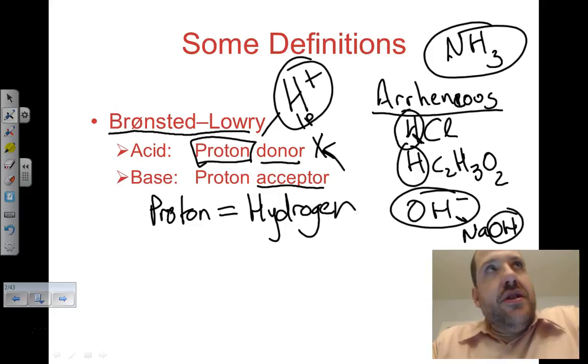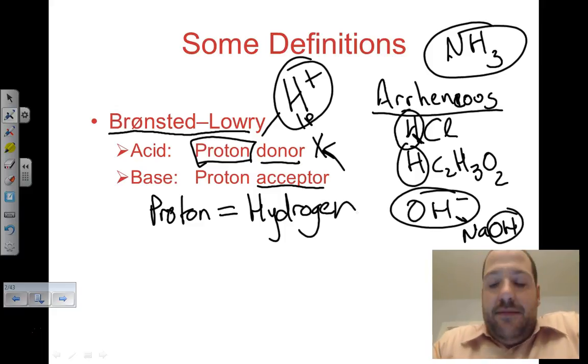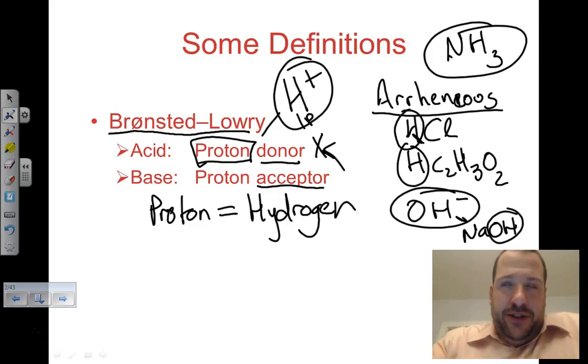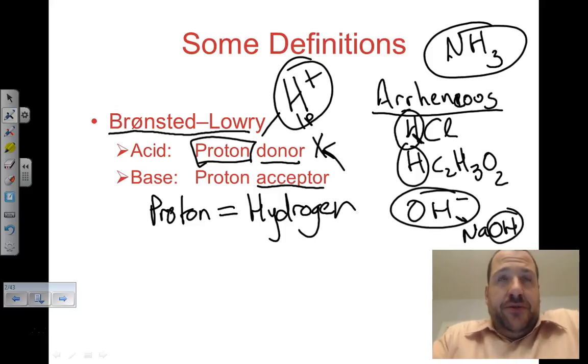Now, there is a third theory of acids and bases that's pretty common, called the Lewis theory. Yes, that Lewis, Gilbert Newton Lewis, the guy who came up with Lewis structures. He actually figured out Lewis structures because of his research with acids and bases.